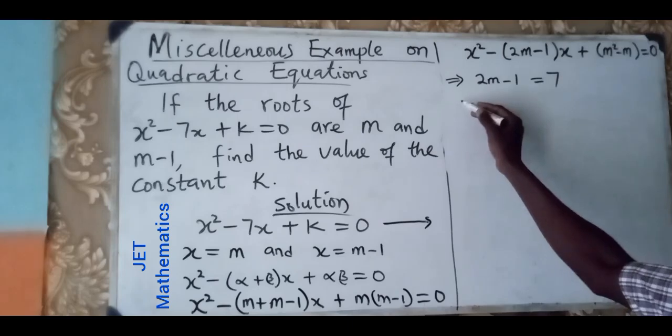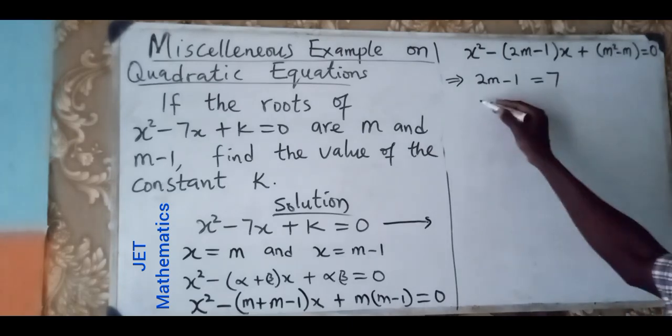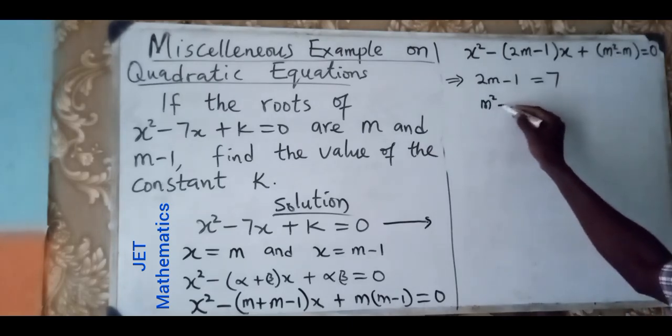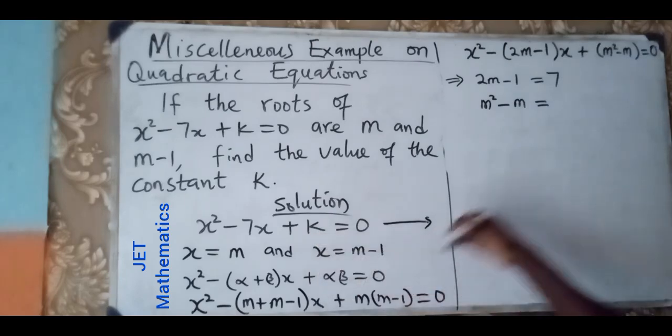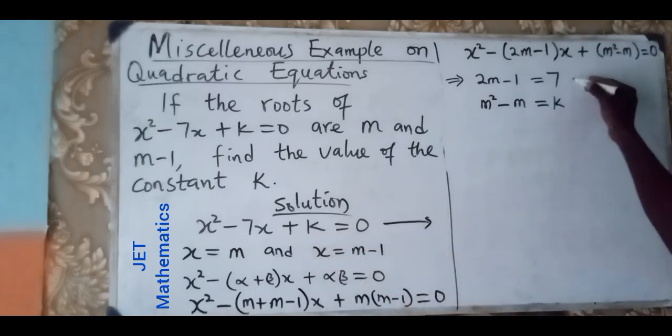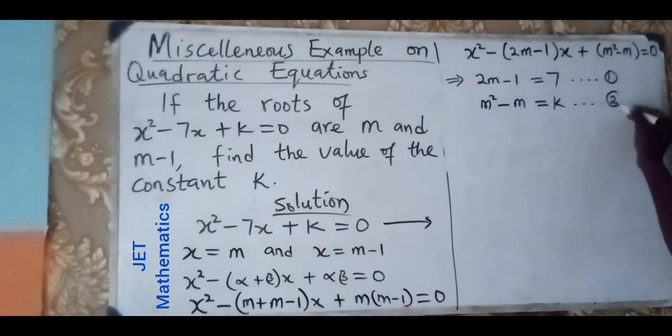And also m squared minus m is equal to k. So let's call this one equation 1 and this one equation 2.